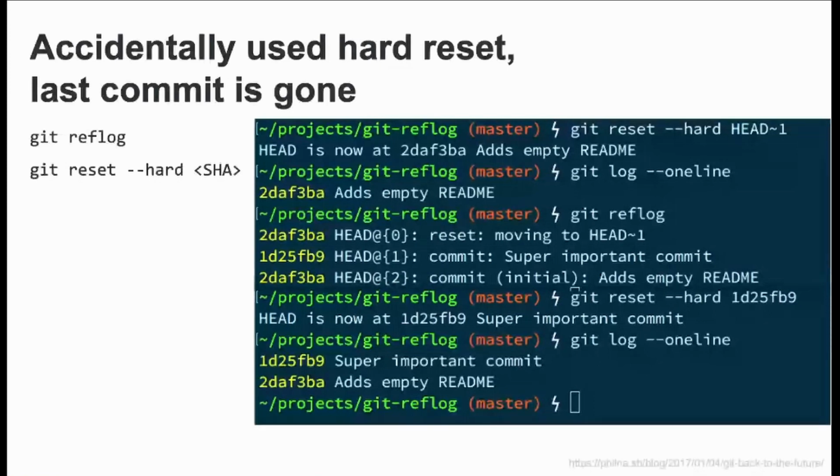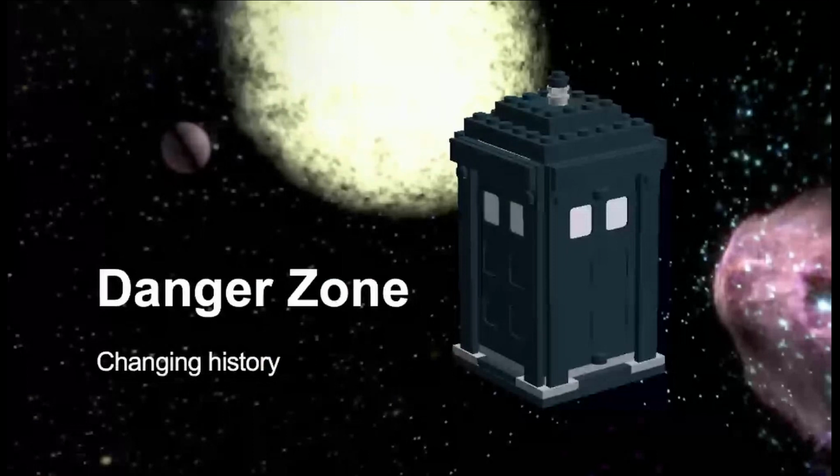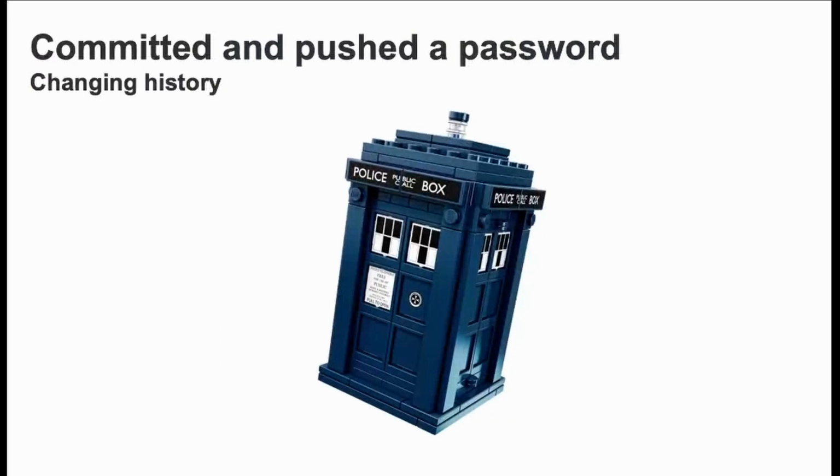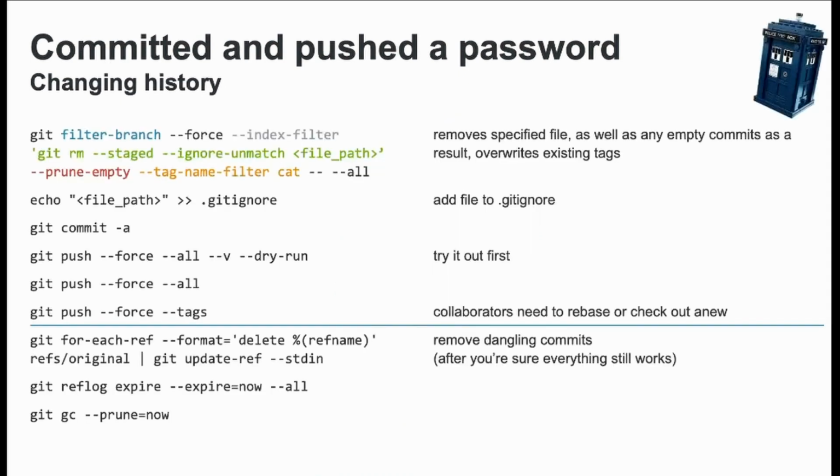Okay, danger zone, changing history. One of our colleagues, that really happened to him, he accidentally committed and pushed a password. This is obviously something you should never do. And as soon as that happens, obviously you change your password, you delete it from wherever you can, and then you try to change the Git history.